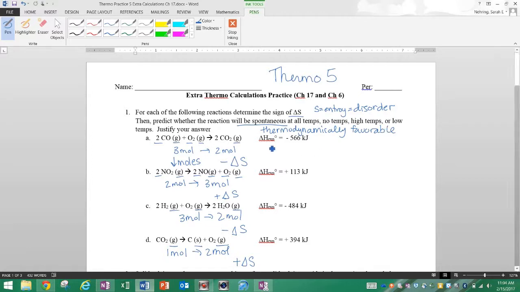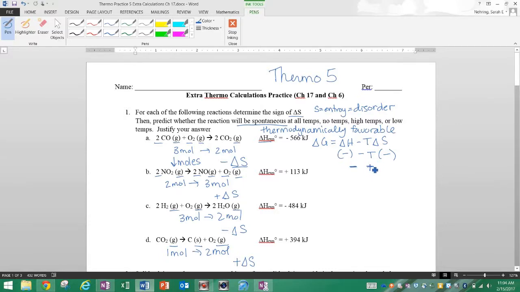And since we know some stuff about H and S, let's think about how those play out. So we've got this equation, delta G equals delta H minus T delta S. In this scenario, H is negative, and the T delta S term is negative too. So it looks like you've got a negative minus a negative. That means you basically have a negative value and a positive value, right?